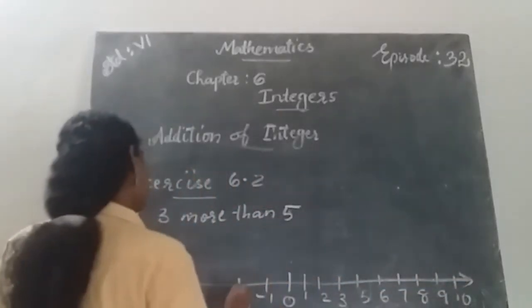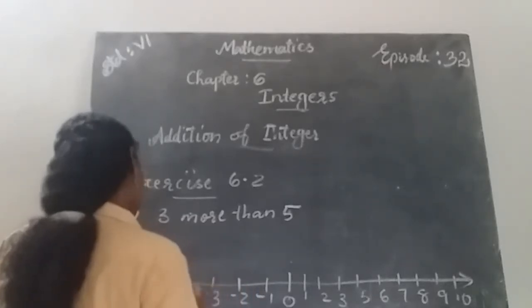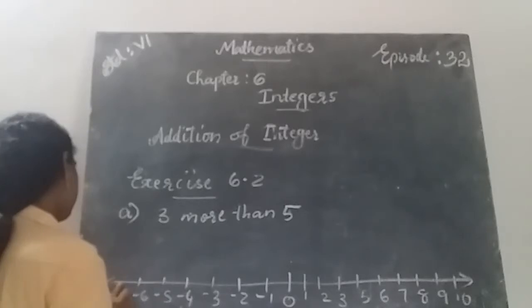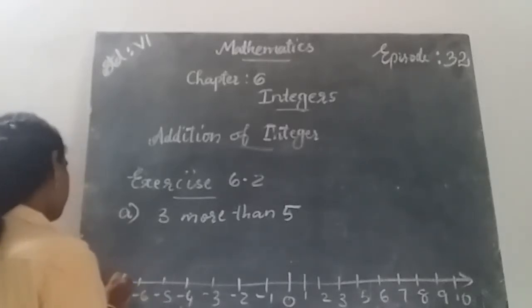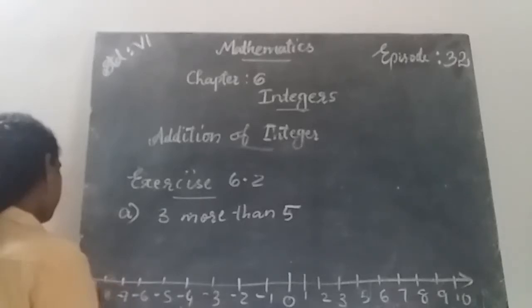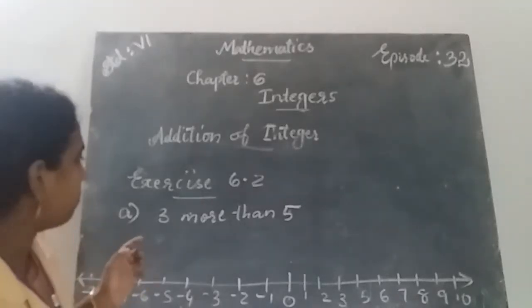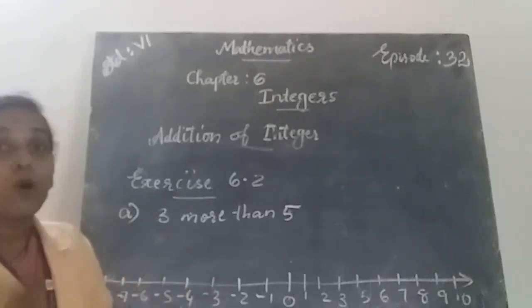And here it's negative 1, negative 2, negative 4, negative 5, negative 6, negative 7, negative 8, negative 9.